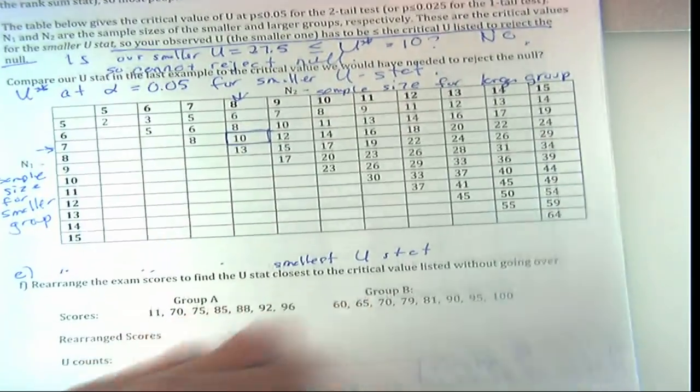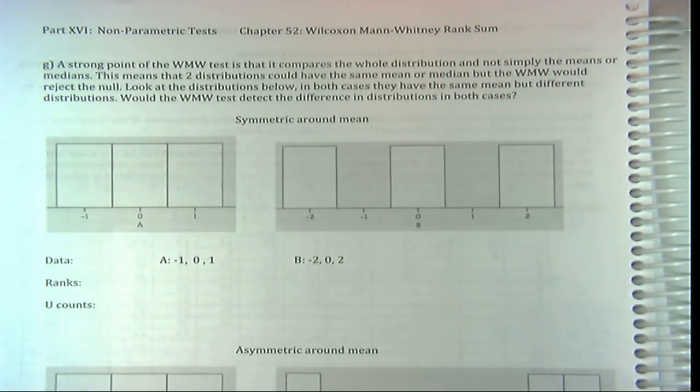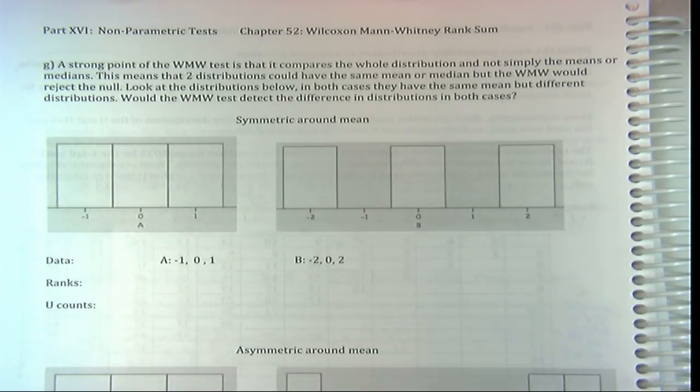All right, so now let us finish up this. So I said we're testing. The null is that the two groups come from the same distribution.